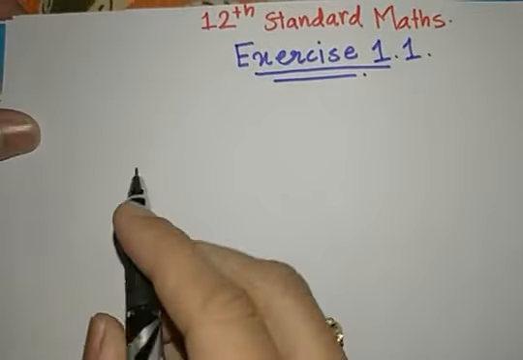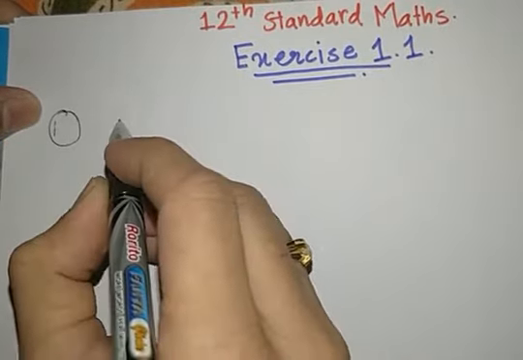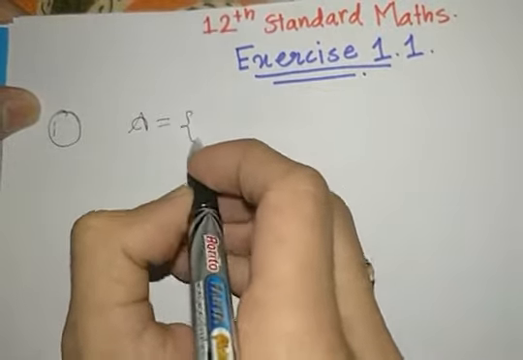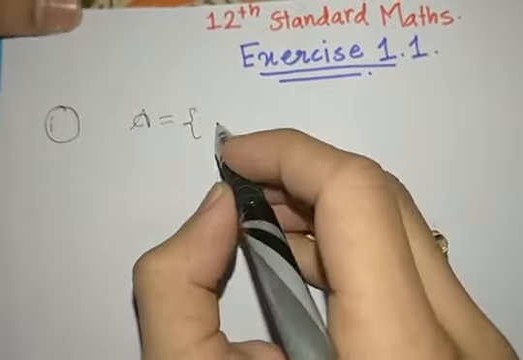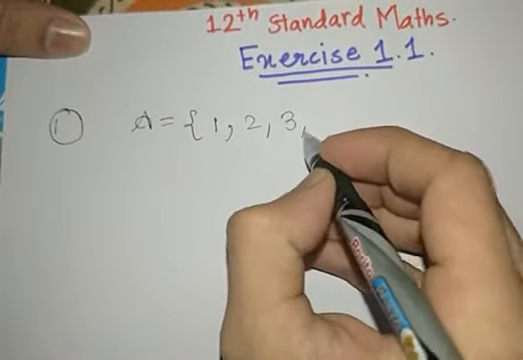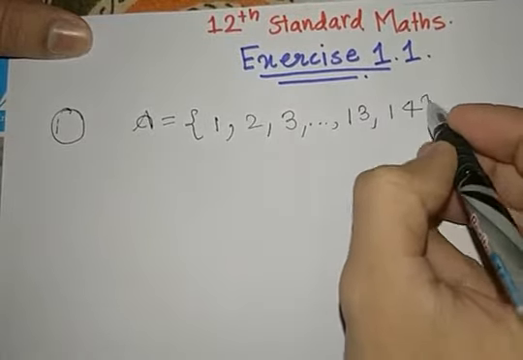So you have the set A equal to {1, 2, 3, ..., 14}.